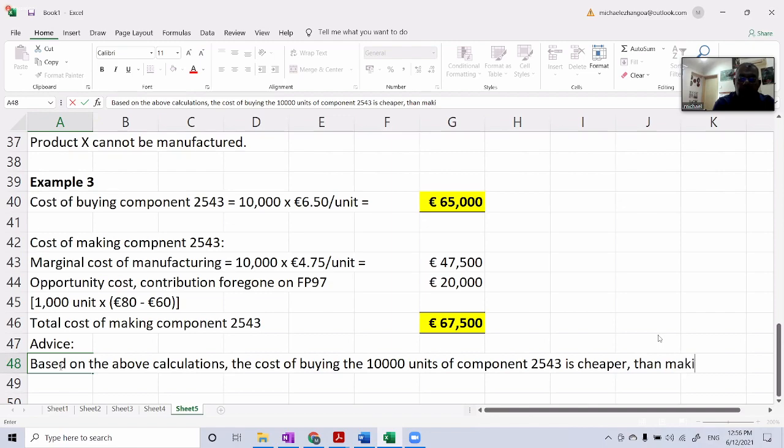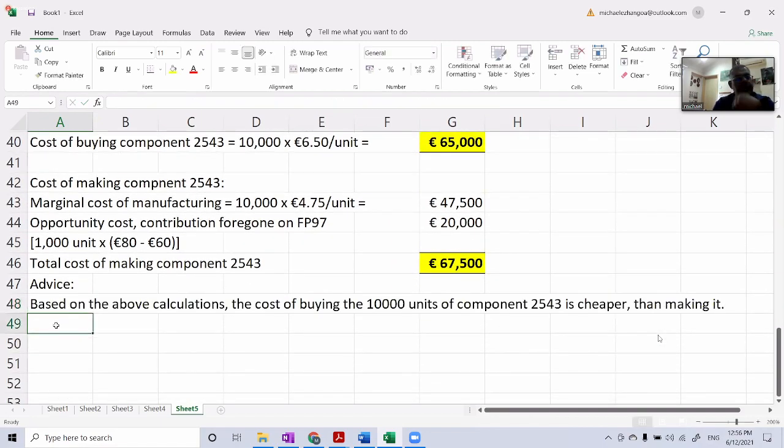Now, if you observe carefully, the whole problem is the 20,000 here, isn't it? Correct?